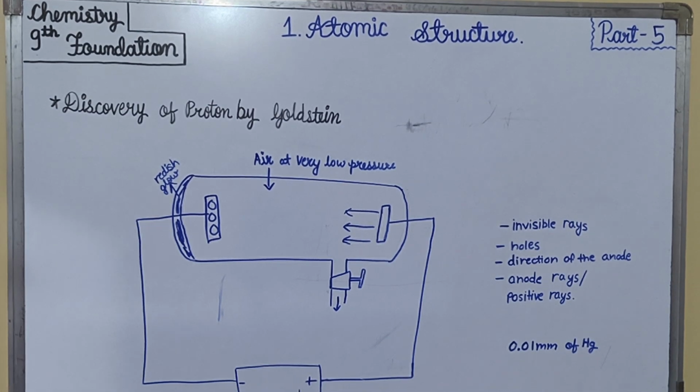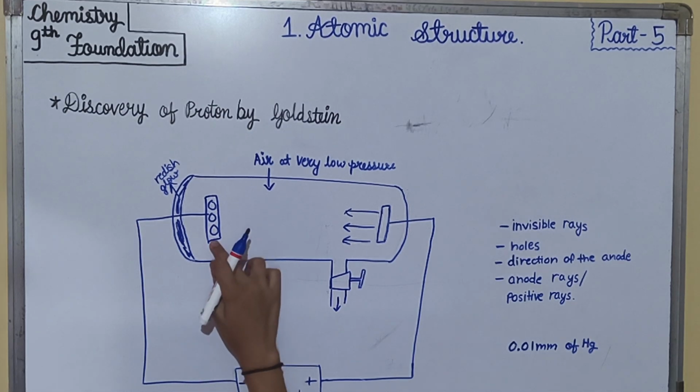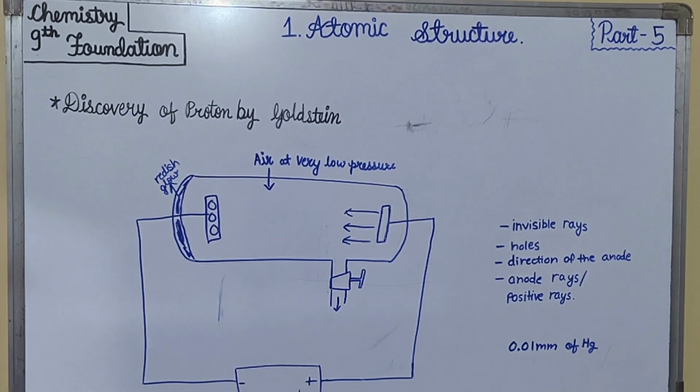This is called the discharge tube. This is the perforated cathode, and this goes to the vacuum pump, the high voltage source, and this is the anode. Like this was the structure.